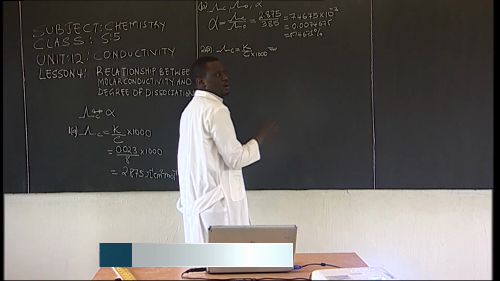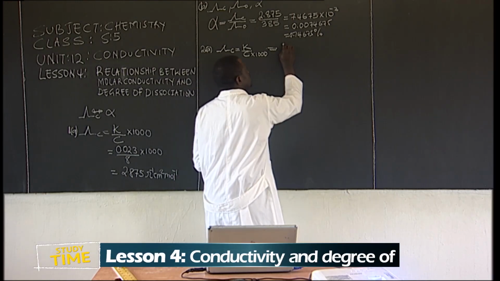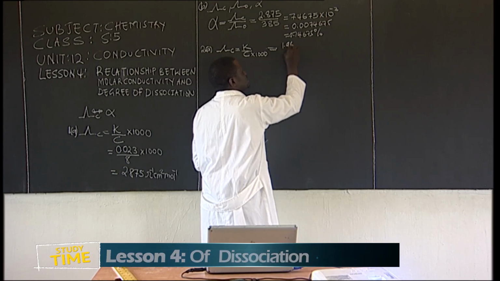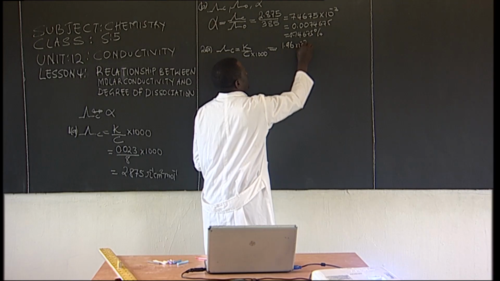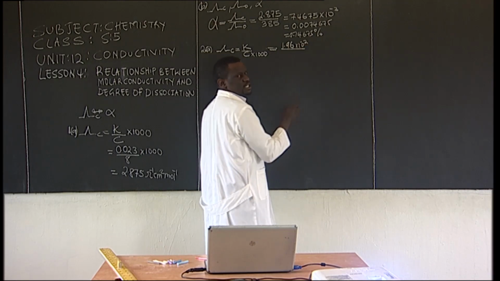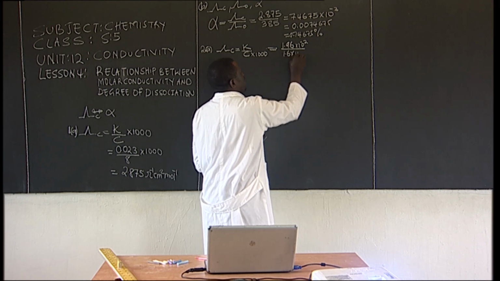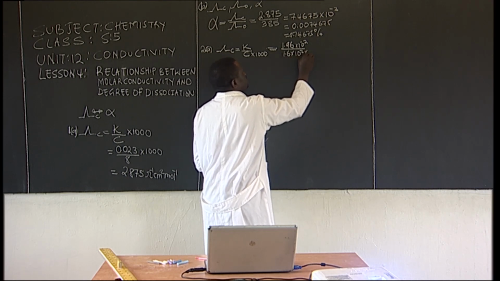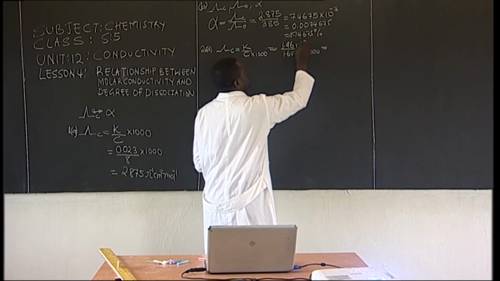So we have our K as 1.96 times 10 to the power negative 2 divided by C, which is 1.6 times 10 to the power negative 2 times 1,000. If we are a mathematician, we can cancel these two.